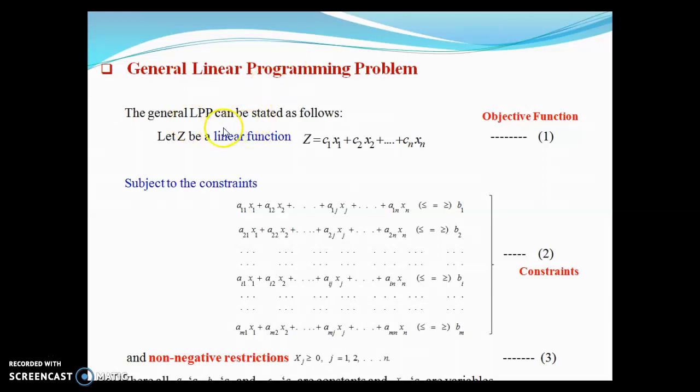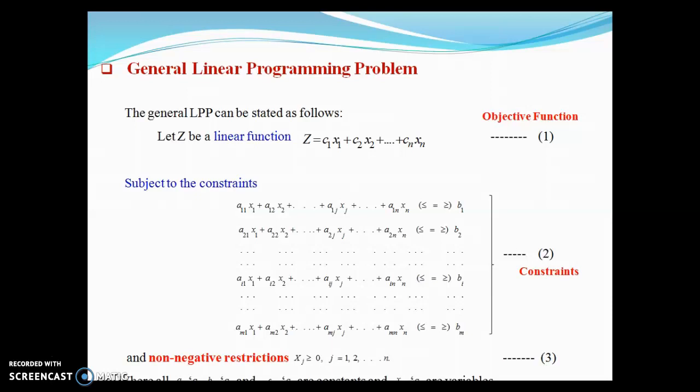A linear function of the type C1 x1 plus C2 x2 and so on plus Cn xn, where C1, C2 and so on up to Cn are the constants and x1, x2 and so on up to xn are n variables, is called a linear function. This equation 1 is called the linear function.